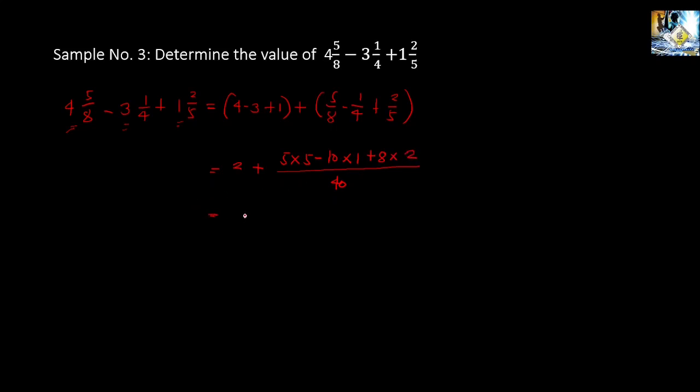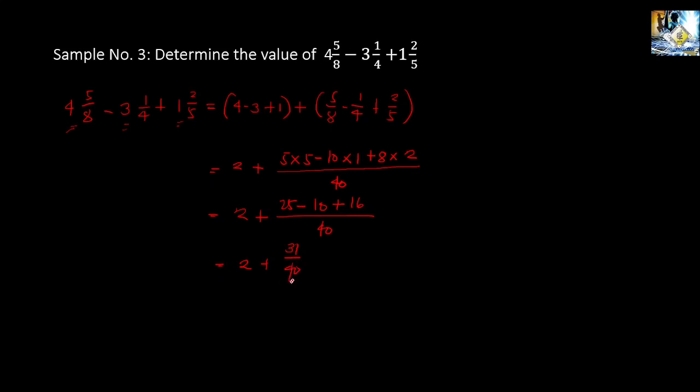Okay, so just continue with the process. 2 plus this is 25 minus 10 plus 16 over 40. So this is 2, 15 plus 16, that is 31 over 40.